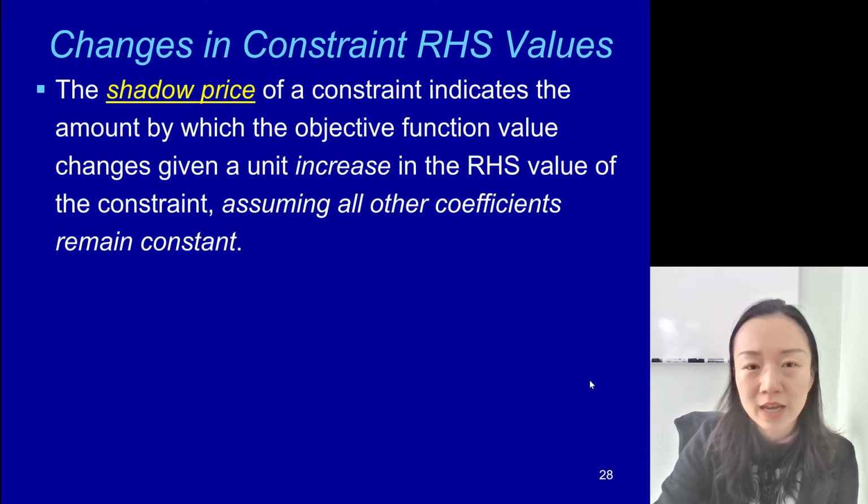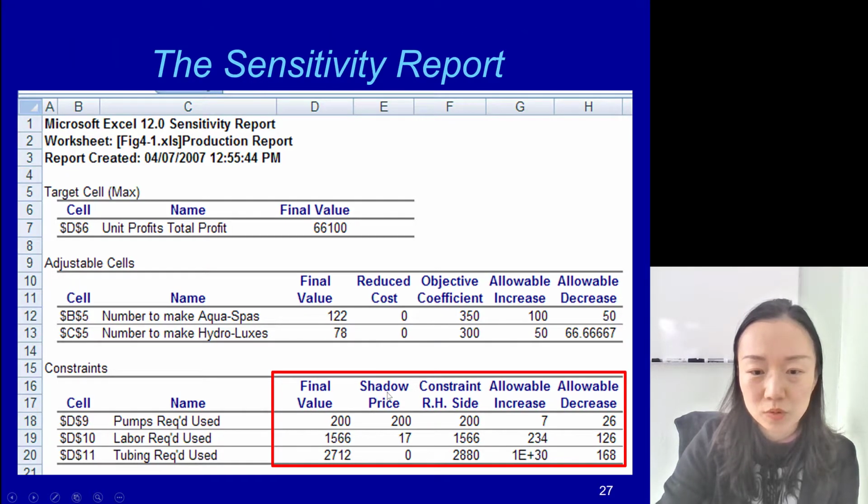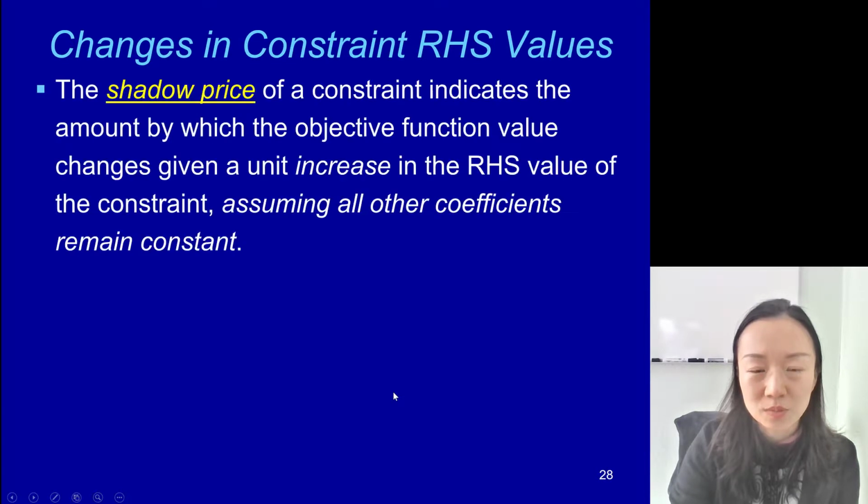So when we look at the changes in the constraint right-hand side, there's one concept that I like to introduce, the shadow price. Okay, so if you look at the sensitivity report, it's here, the shadow price. So what is the shadow price?